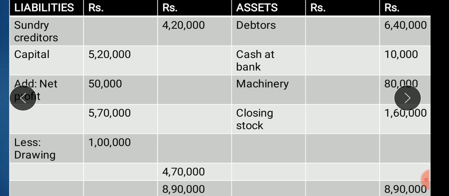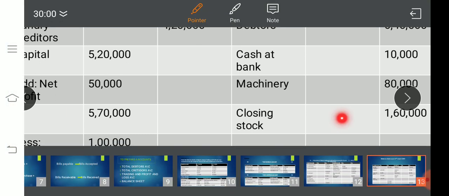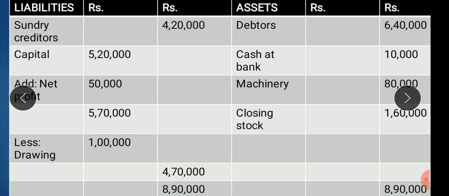First, left hand side: sundry creditors 4,20,000, capital 5,20,000, and net profit. The concept is that net profit is immediately transferred or adjusted to the capital account. So the net profit 50,000, totally 5,70,000, less drawings 1 lakh.